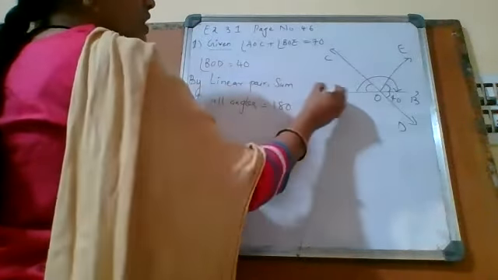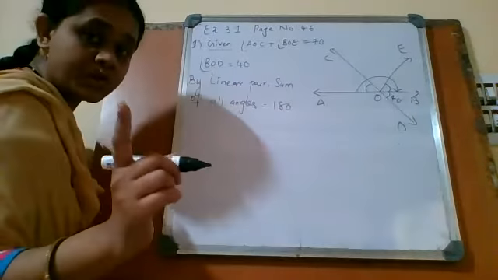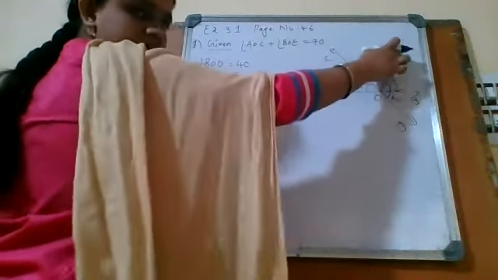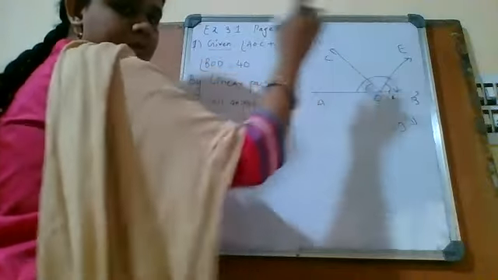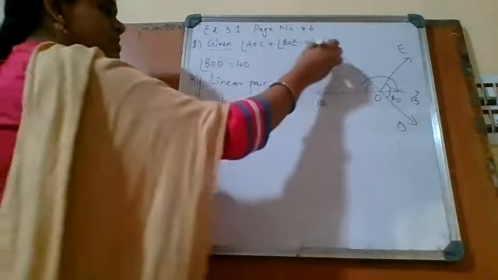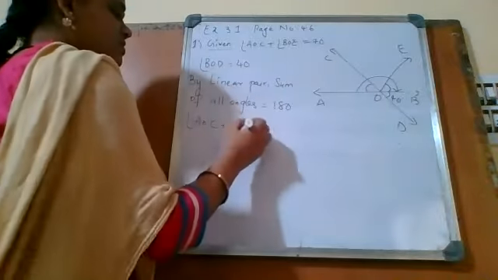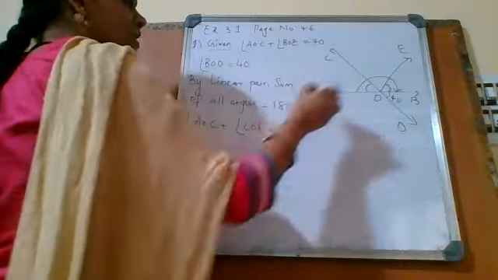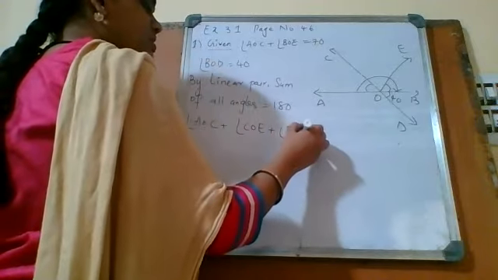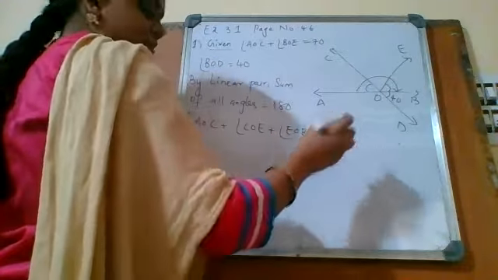Very good. Now, you should know how to write the angles also. Angle AOC plus COE plus EOB must be equal to 180 degrees.